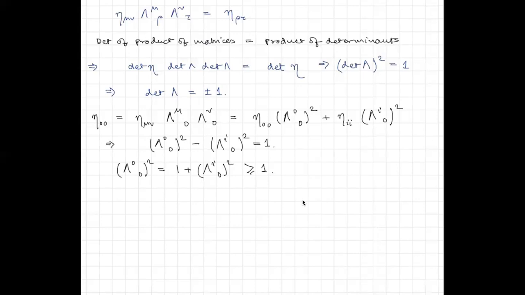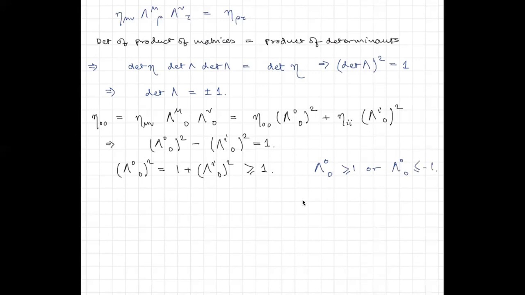So if lambda 0, 0 squared is greater than or equal to 1, you can have lambda 0, 0 greater than or equal to 1, or lambda 0, 0 less than or equal to -1.